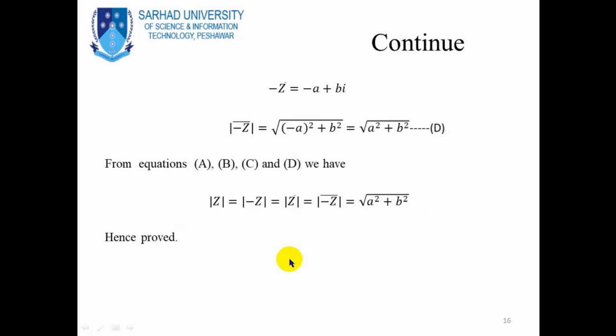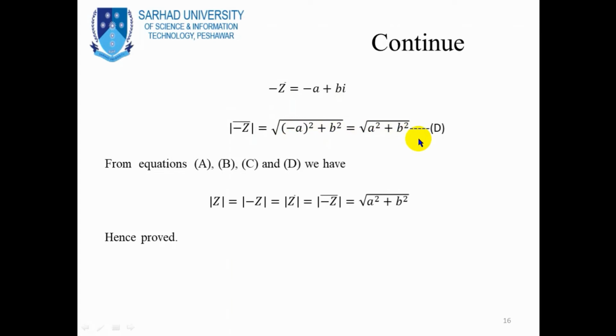So from equation number C, minus z conjugate is equal to minus a plus iota b, and the magnitude of minus z conjugate is equal to square root of minus a square plus b square, which is equal to square root of a square plus b square.